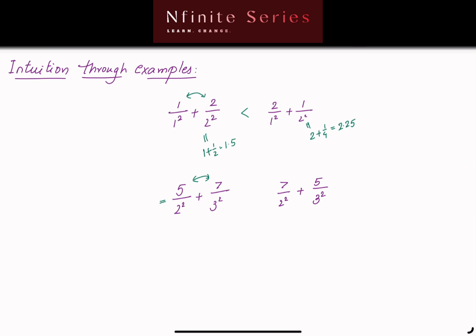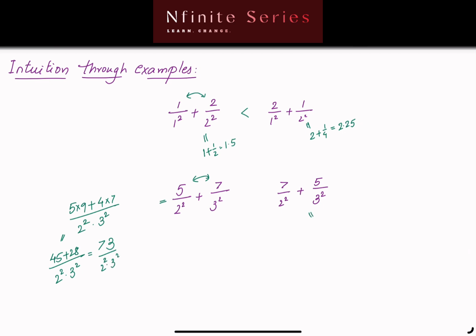Now let's calculate the left hand side. Let's do the cross multiplication. We have 5 times 9 plus 4 times 7 divided by 2 square, 3 square, and this gives you 5 9s are 45 plus 4 7s are 28 divided by 2 square, 3 square. Add 45 and 28, we get 73 divided by 2 square, 3 square.